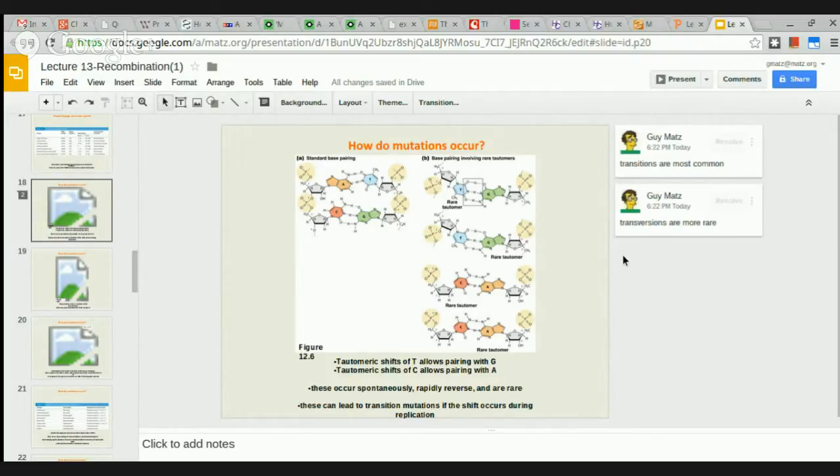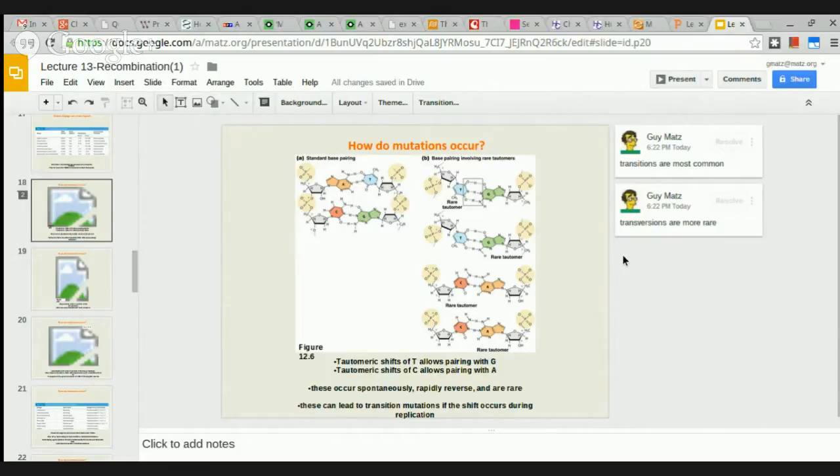For example, T, which normally pairs with A with 2 hydrogen bonds, can tautomerize and form 3 hydrogen bonds and therefore pair with G. And C, normally forming 3 hydrogen bonds with G, can have a tautomer which pairs with A.